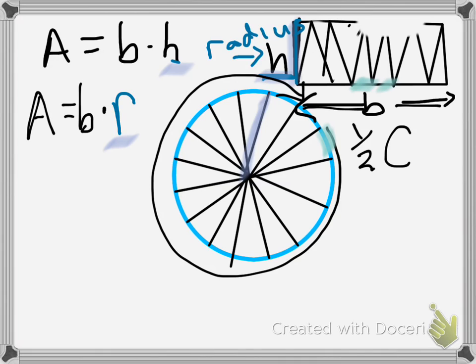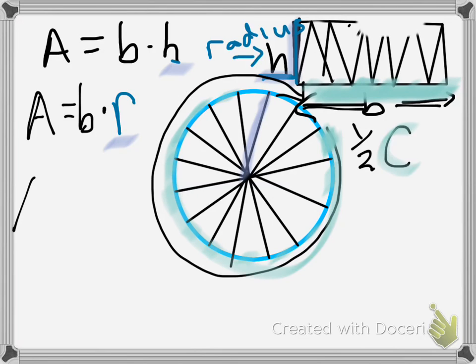Let's ignore these up here. I'm counting 1, 2, 3, 4, 5, 6. But over here, in order for those 6 to show on my base, I'm actually counting 1 through 12. So 12 around my circle equals 6 on my base. It's about 1/2 my circumference, or the outside of my circle.